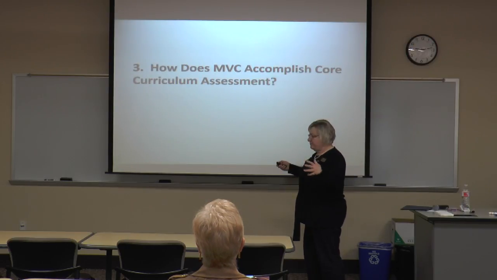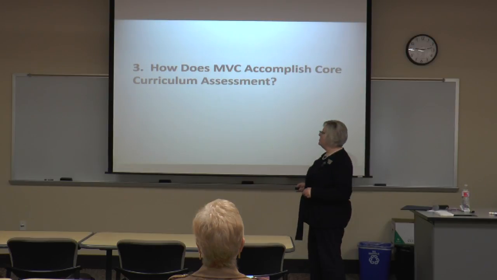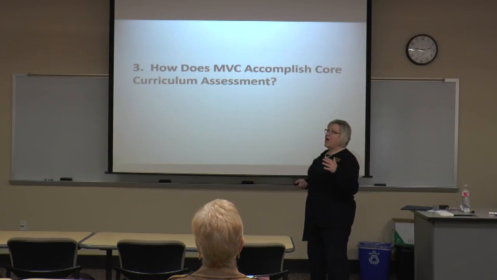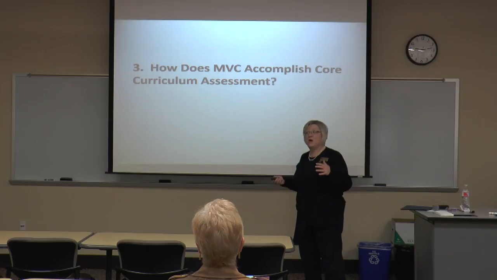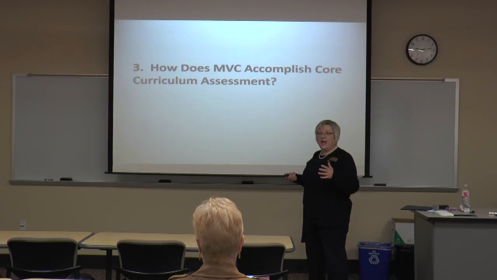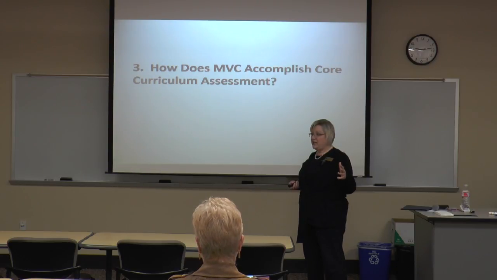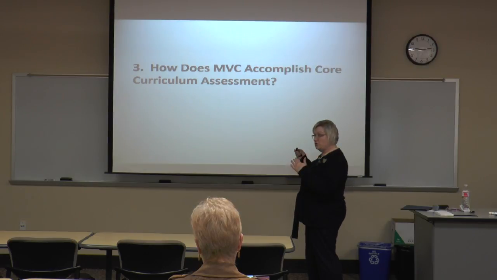How do we accomplish this at Mountain View specifically? Because every college or college system has its own way to go about this. They had to file a 10-year plan with the state and produce data for that 10 years before making radical adjustments to their plans. So here's the Mountain View plan.